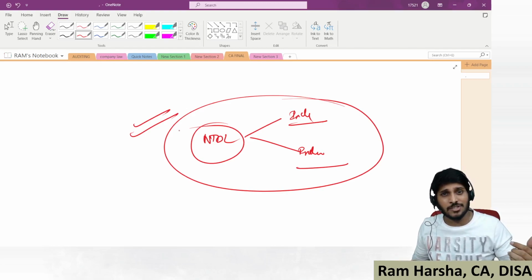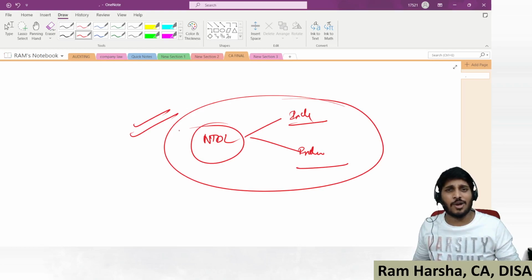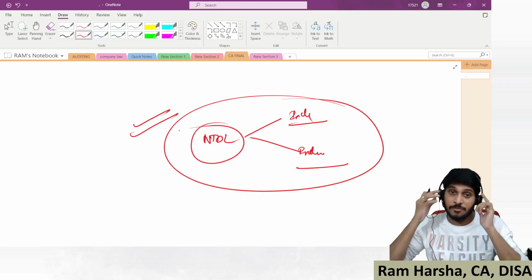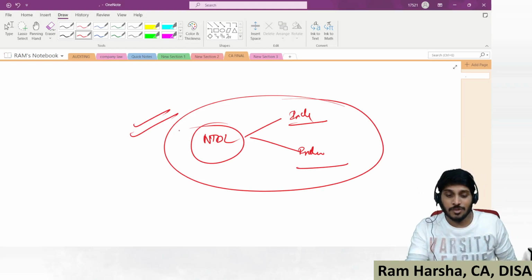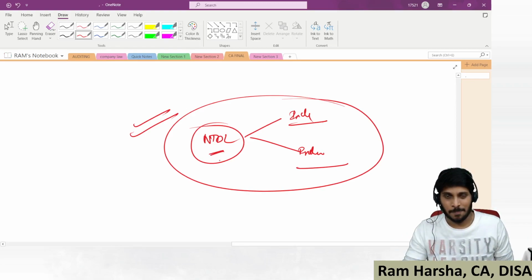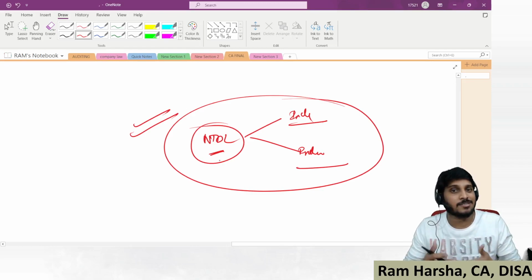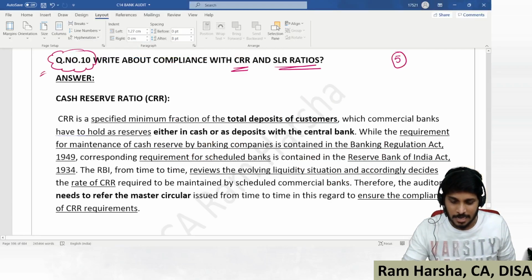Some foreign remittances of the customer are neither demand nor time liability. So there are some exclusions, and there are some items the bank has to specifically consider in NTDL. That is also explained in the question, and that is what we are going to discuss in the SLR verification. Now shall we read the question and discuss a little more in depth? Fine.